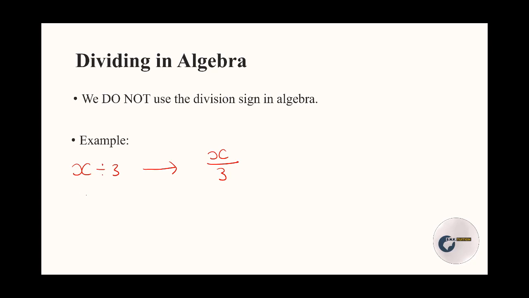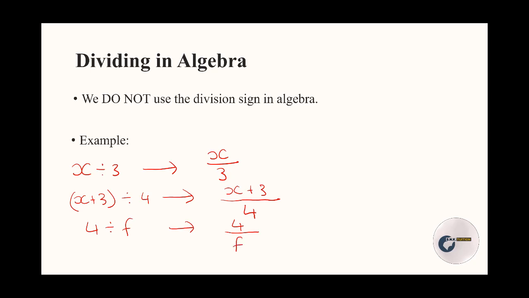The same goes for if we had x plus 3 over 4, we would simply write this as x plus 3 all over 4. And we can even have letters being the denominator, or the thing that's being divided by. So if we had 4 divided by f, we would write that as 4 over f.